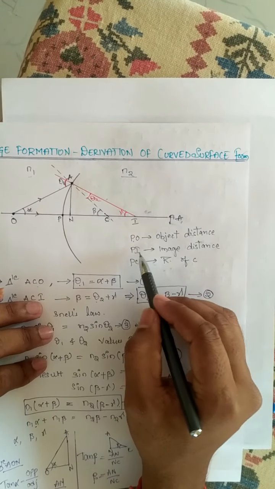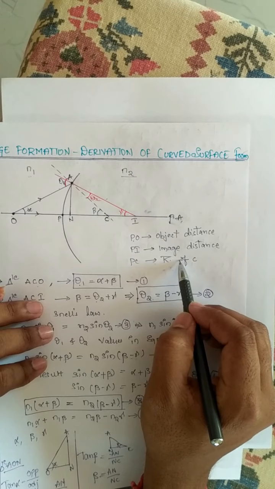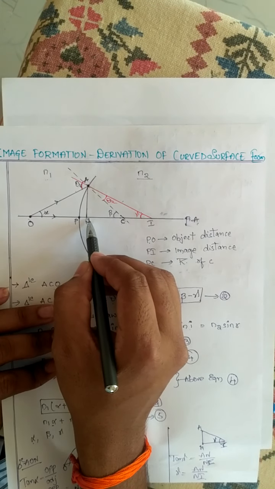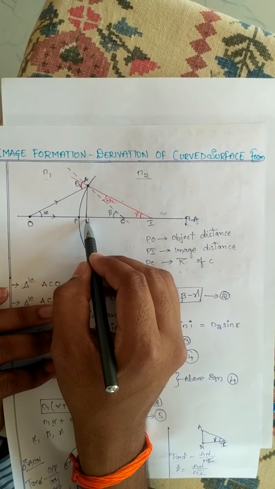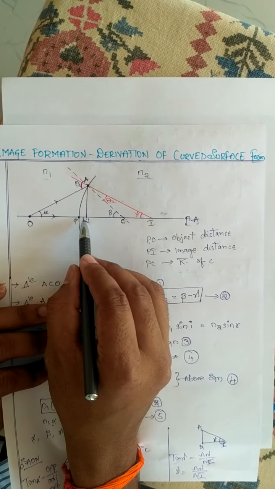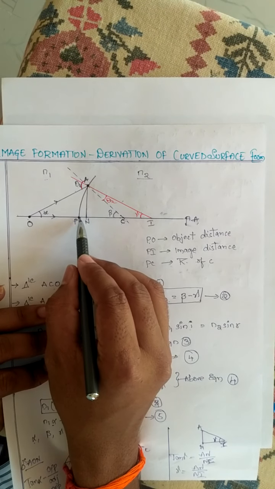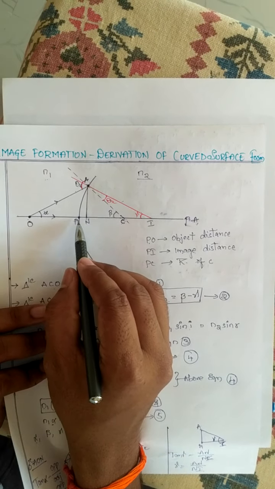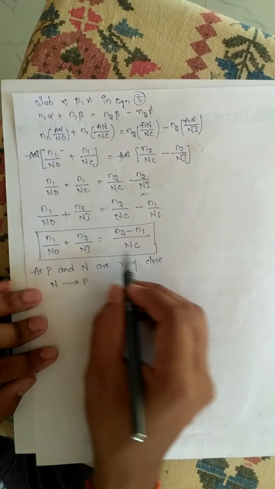At the starting of the formula, we said PO is the object distance, PI is the image distance, and PC is the radius of curvature. As P and N are very close, this PC is nothing but the radius of curvature. We can neglect this small distance as PN tends to 0, so N is replaced by P in all the cases.